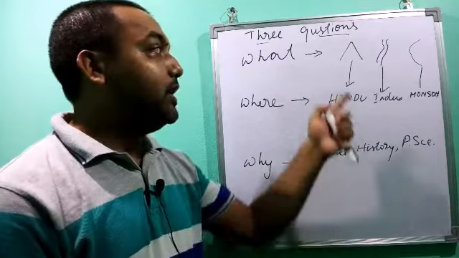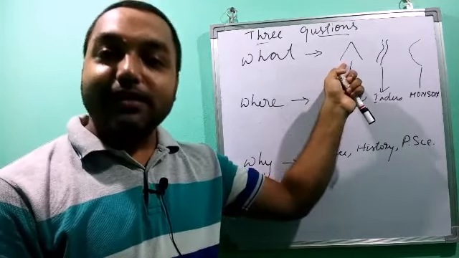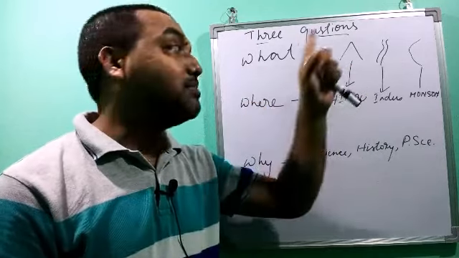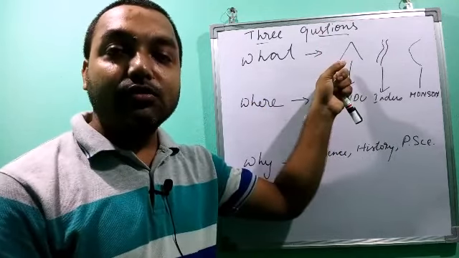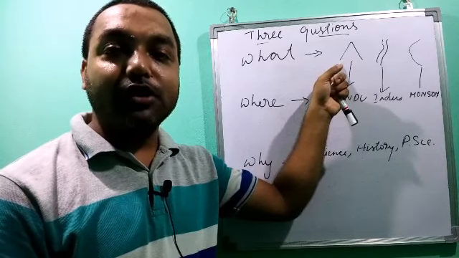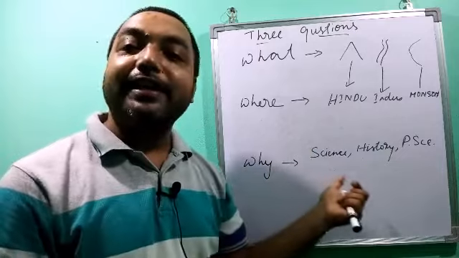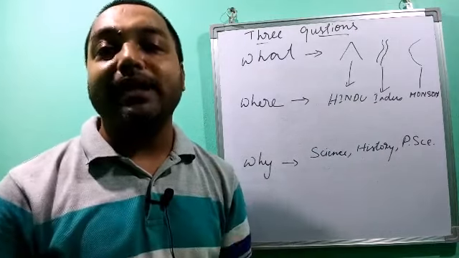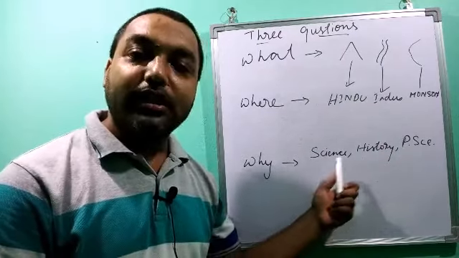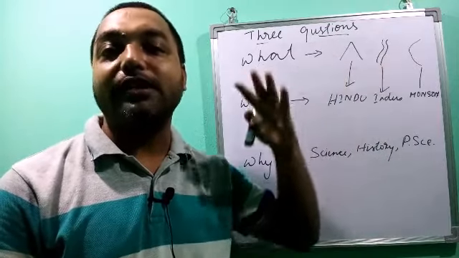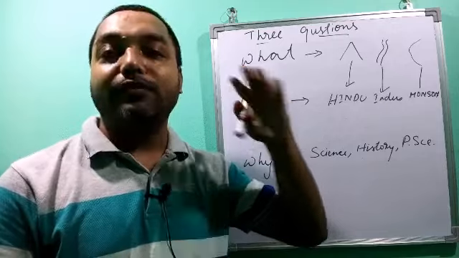We found the mountain here, but the question is why this mountain is here. To answer this, we need to enter into many other disciplines like science, history, political science, finding the answers for the why of different things.